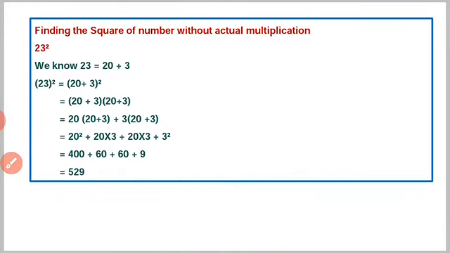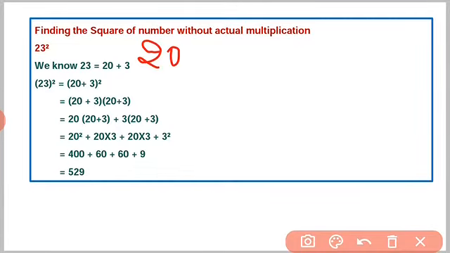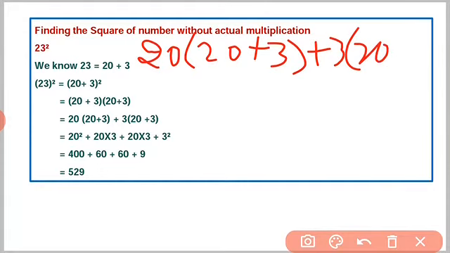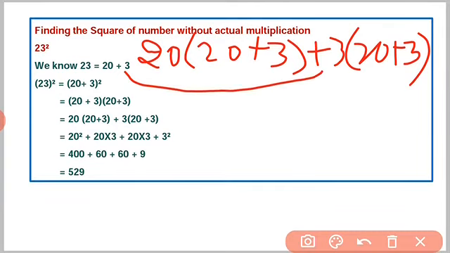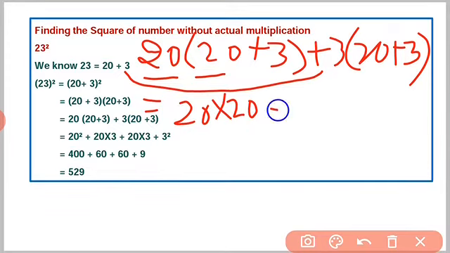So let's look again at what we got: 20 times (20 plus 3) plus 3 times (20 plus 3). Now solve this bracket first. So the next step is 20 multiply 20. What is the sign over here? Plus.